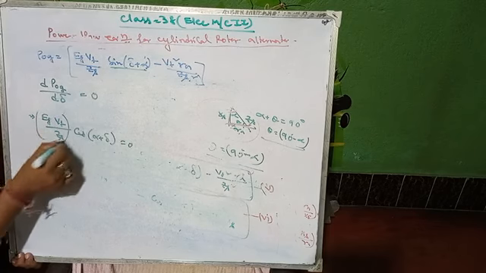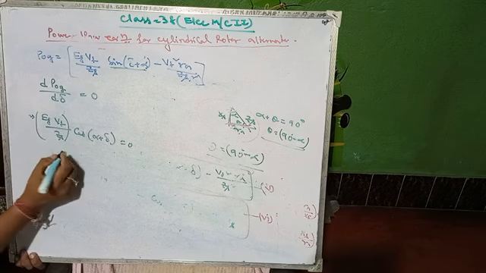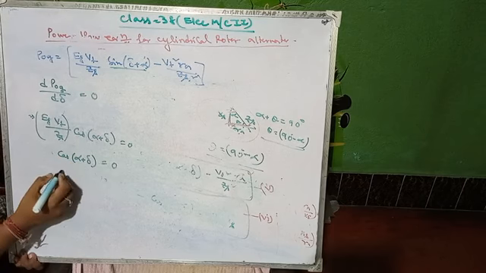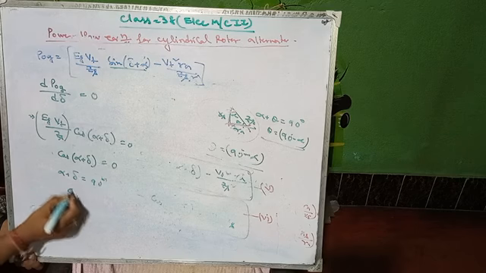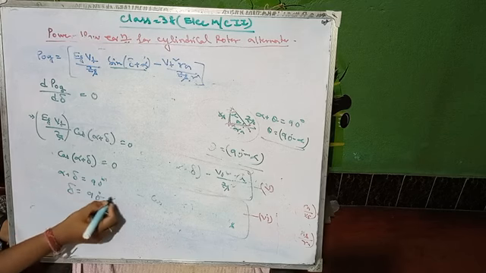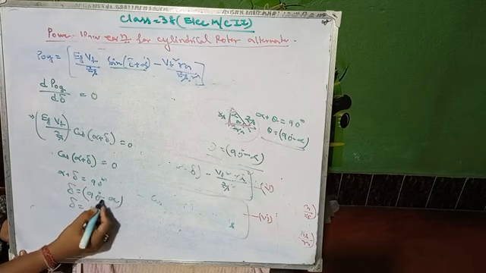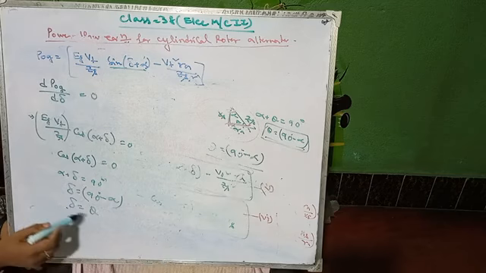This is not equal to 0 because EF, Vt and Zs are never 0. So cos of alpha plus del equals 0, so alpha plus del equals 90 degrees, right? So del equals 90 degrees minus alpha, which means del equals theta, because theta equals 90 minus alpha.